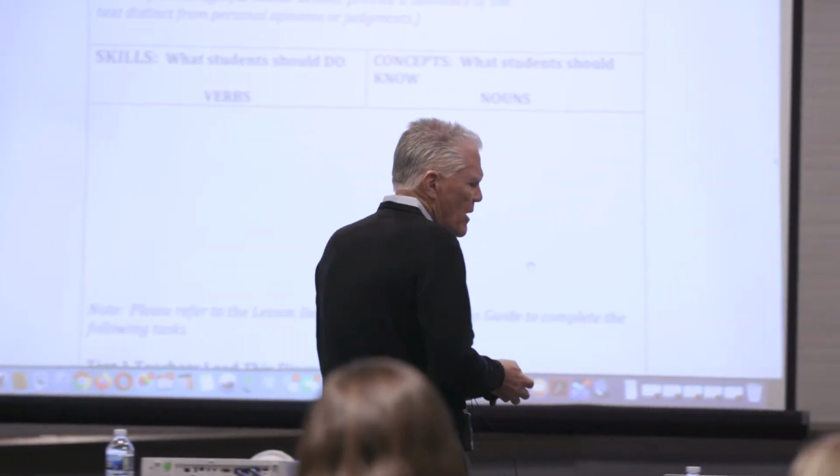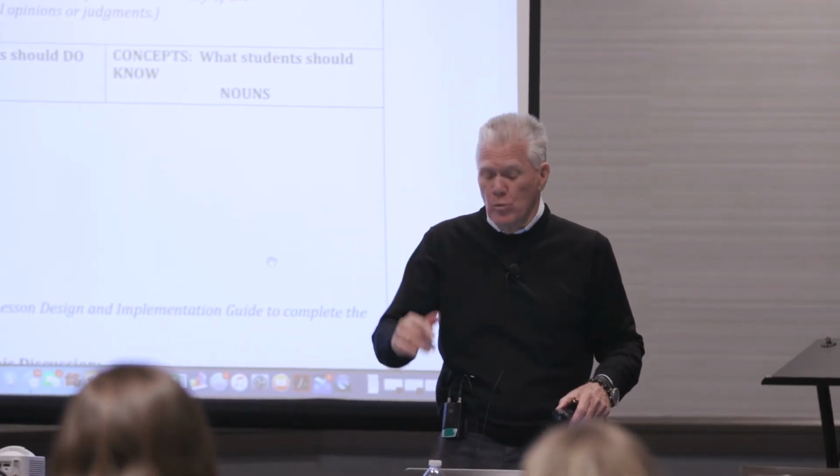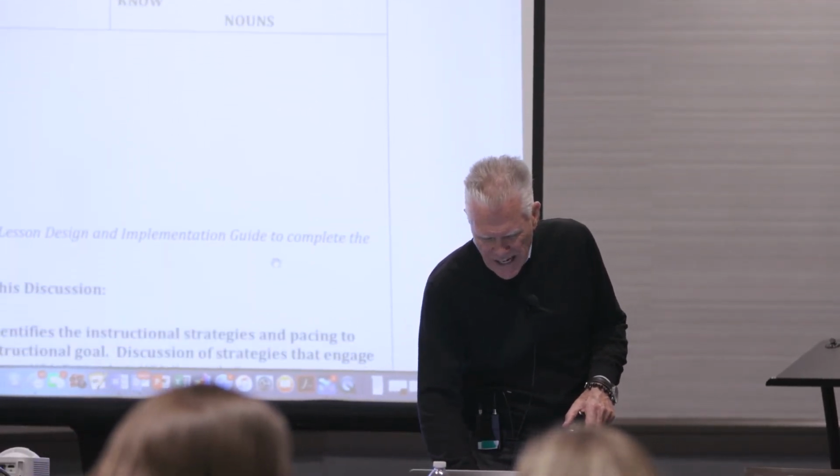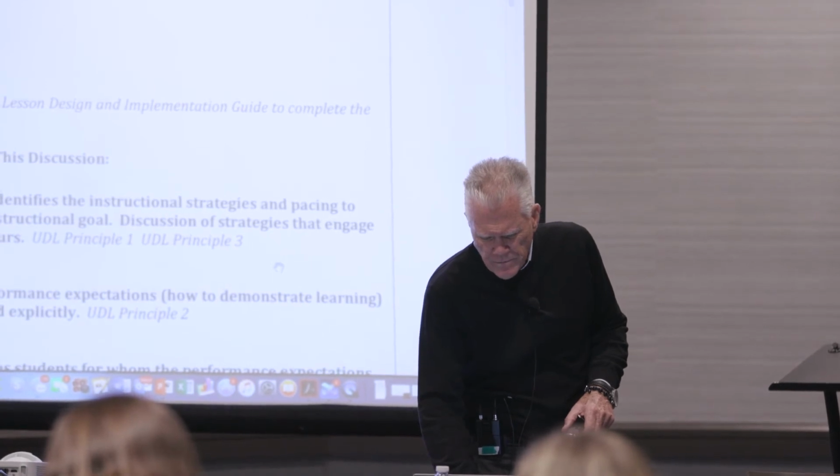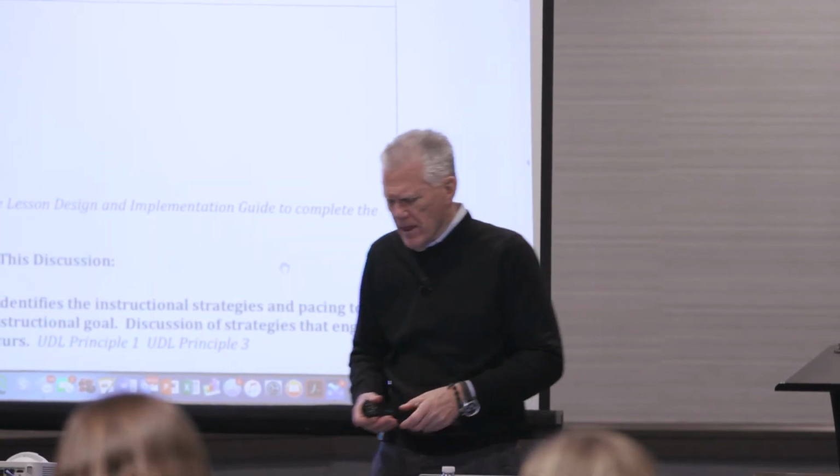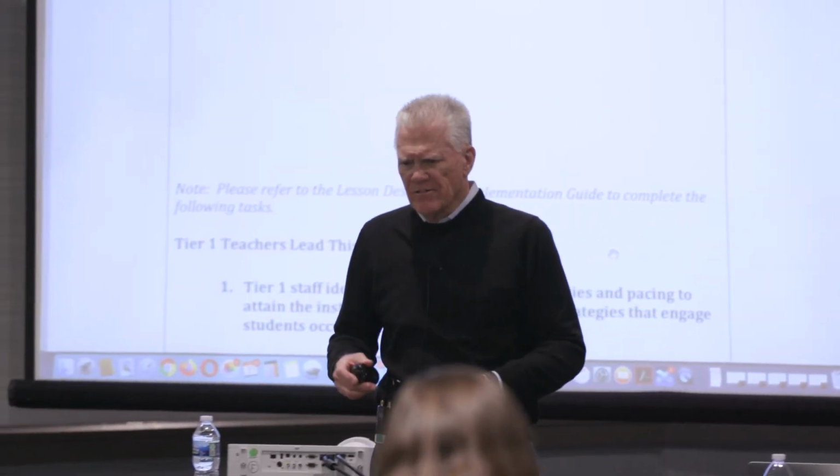So you have another document that explains every one of these steps. So you unpack the standards, and at this point, what I like to do is identify, here's what they need to know, here's what they need to do. At that point, you're going to be thinking about access skills. So if the teachers are saying, here's what they need to know, background, you're going, my kids don't know any of that. I need to write down and backfill some of the background.